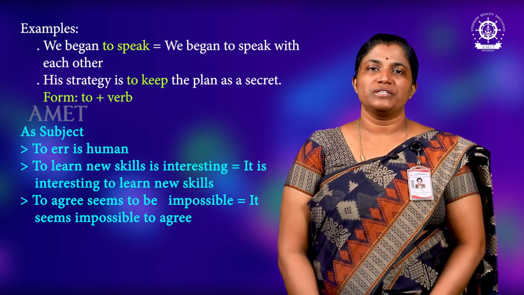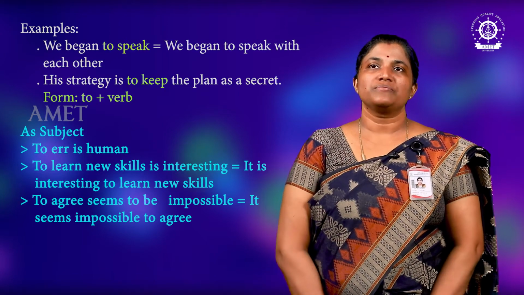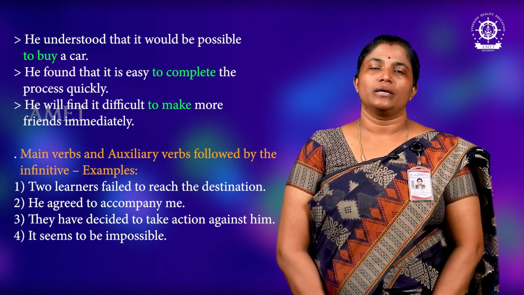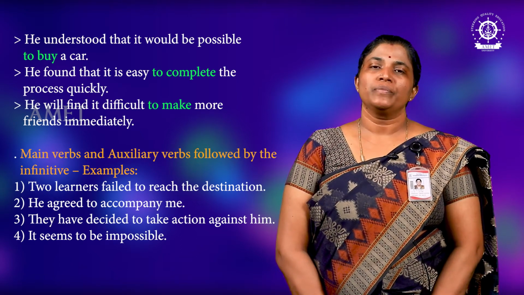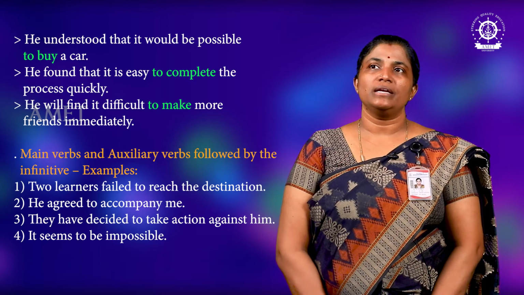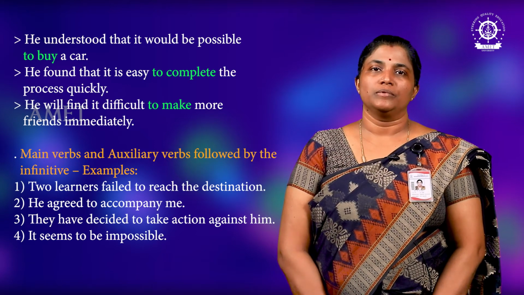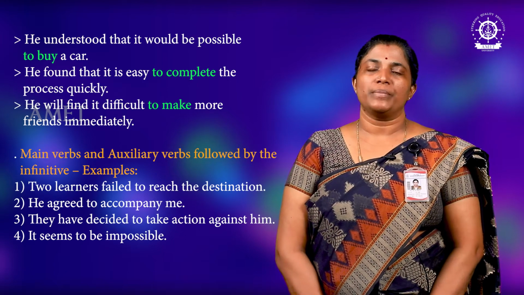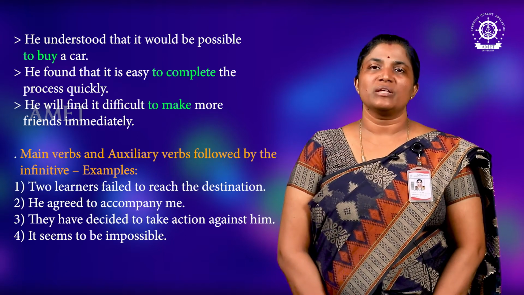So this infinitive can be used in subject position. Moving on to more examples: he understood that it would be possible to buy a car. To buy is the infinitive. So this to plus verb can happen in the initial position or in the medial position.